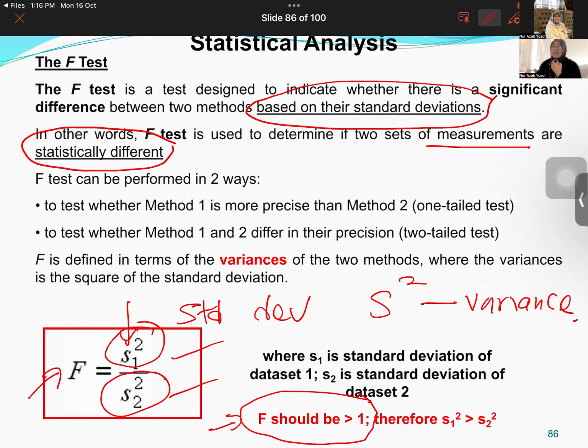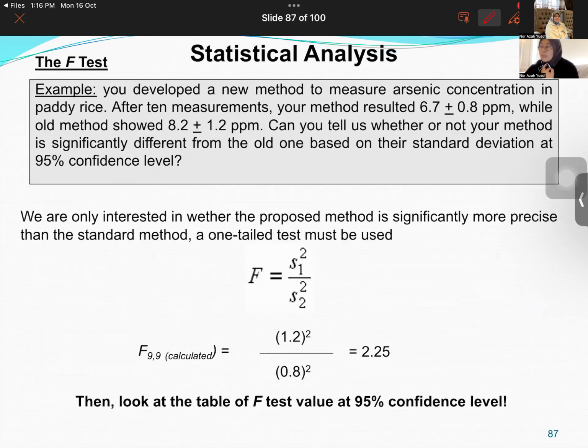As long as F is greater than 1, that's the rule. Of course, we have to do the standard deviation calculation. So now you know that the S1 squared value is bigger than the S2 squared value, so we can arrange it in this way.